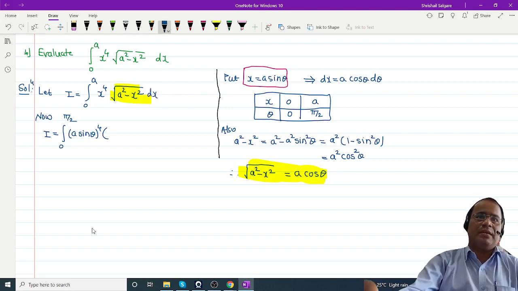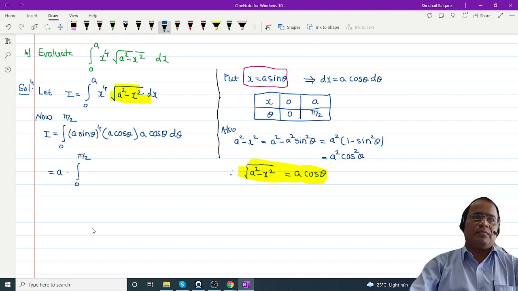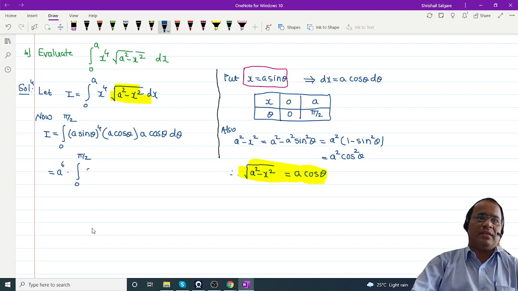That is a into cos theta, and dx is again a into cos theta d theta. Now I will take a outside. What is the effective power? 6, a raised to 6. Now the next one is sine theta raised to 4 into cos theta raised to 2.